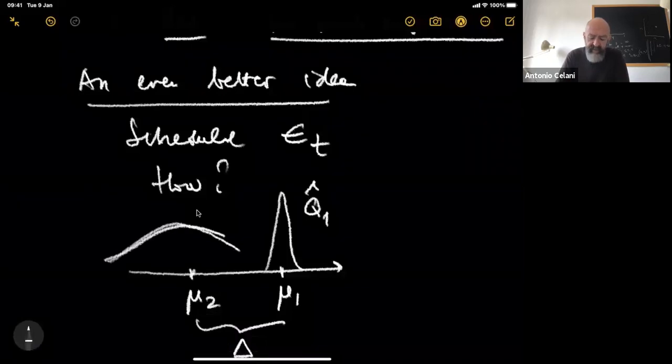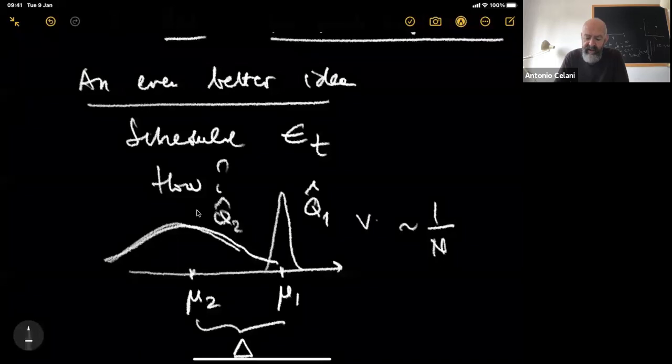which is much broader, because the variance of the Q just goes like 1 over the number of times that I've played that arm.